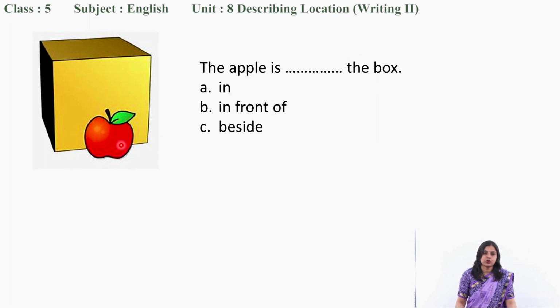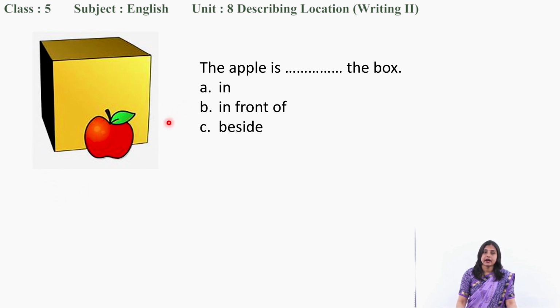The next picture is of an apple and the box. Okay. So tell me, the apple is dash the box. Is it in the box, in front of the box, or beside the box? Beside?